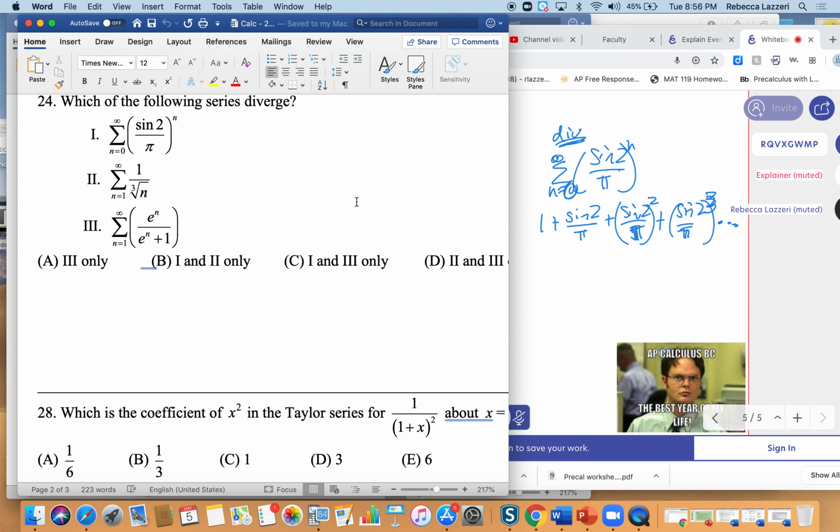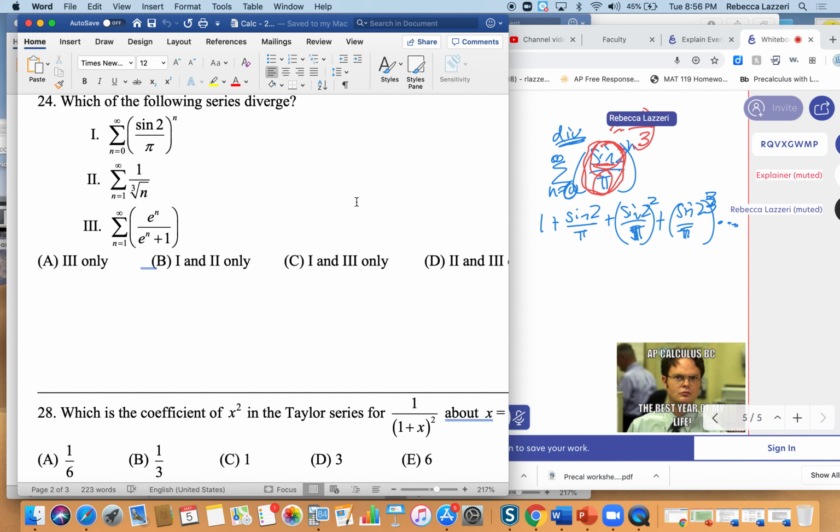Okay, now what I notice here is that this is actually a number. Sine of 2, I don't know how big it is, but at the most, it could be 1, and pi's around 3, and so I'm actually multiplying by something that is a ratio less than 1. The bottom is a constant, so these are constants.